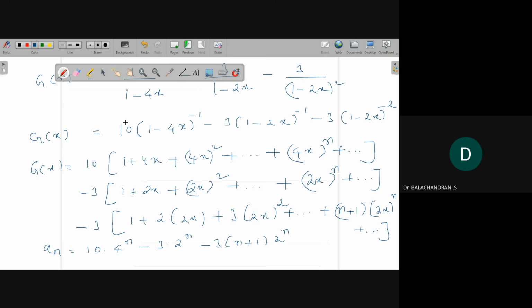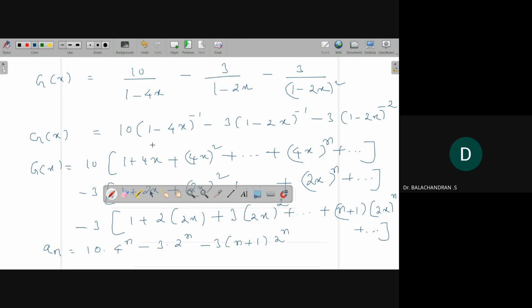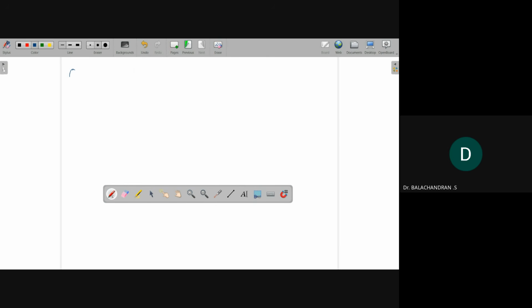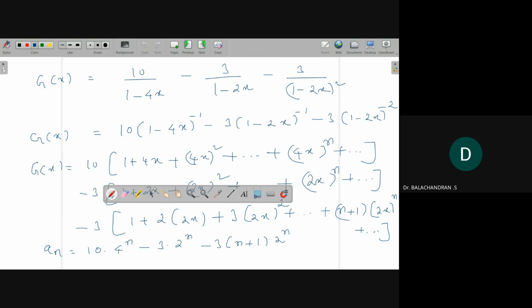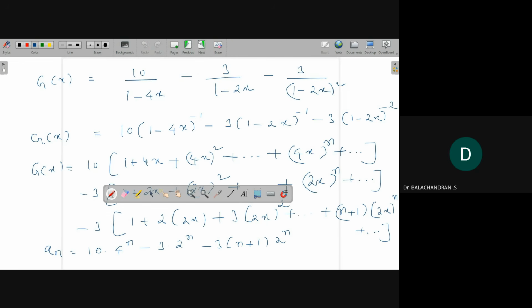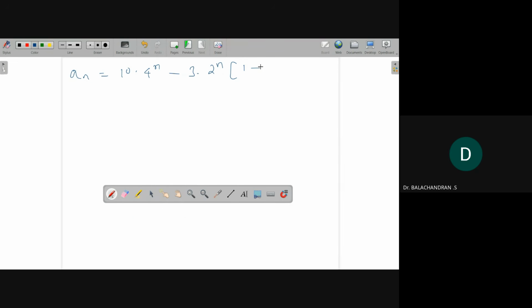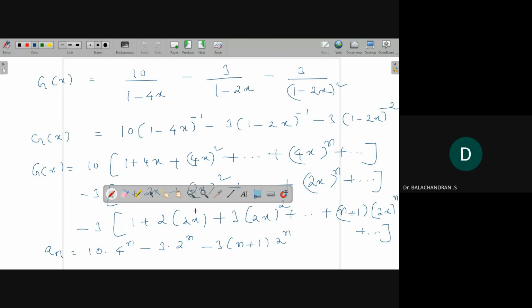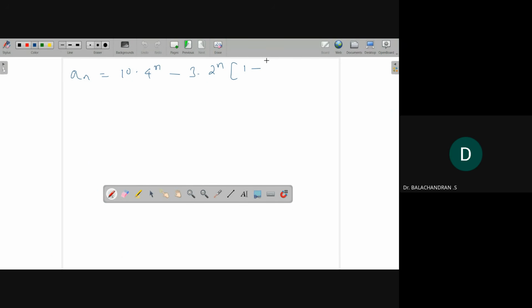So a n, just simplify, a n equal to 10 into 4 power n. Minus 3 into 2 power n is common. Remaining have 1 plus n plus 1.